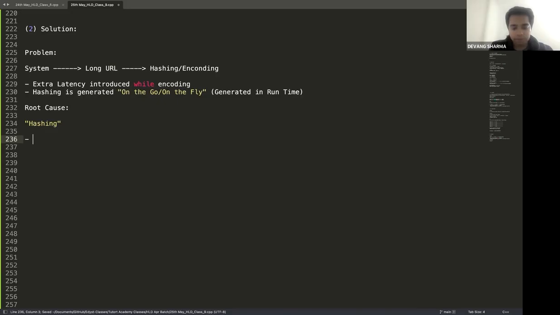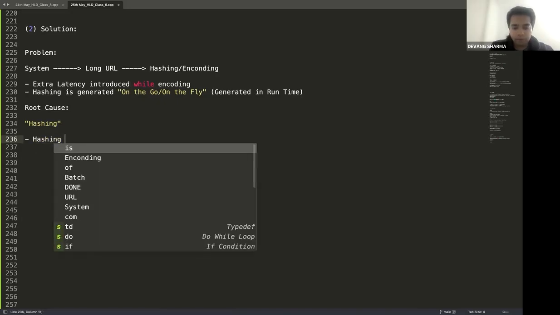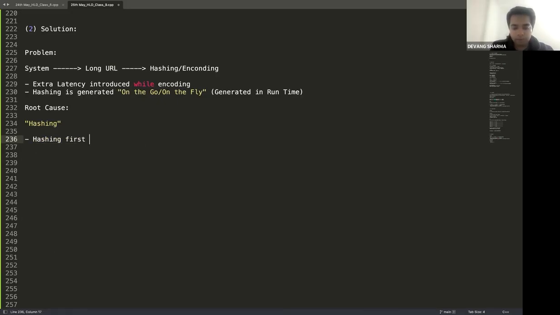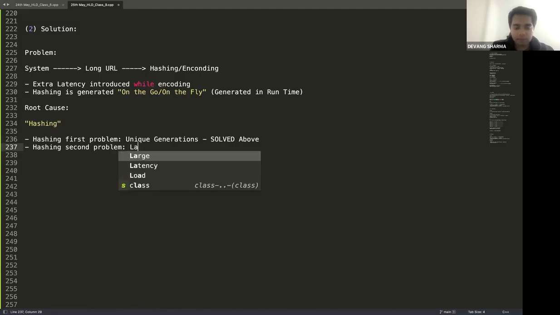So two things. Hashing first problem, which was unique generations, that is solved. Okay. We have already solved that. But hashing second problem, which is latency, that is not solved.